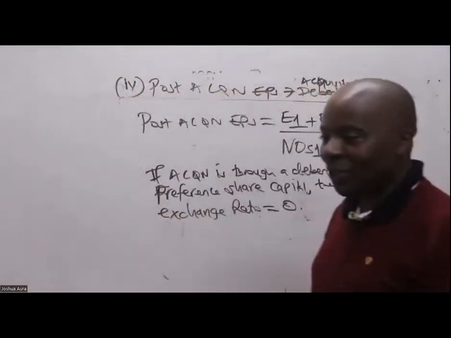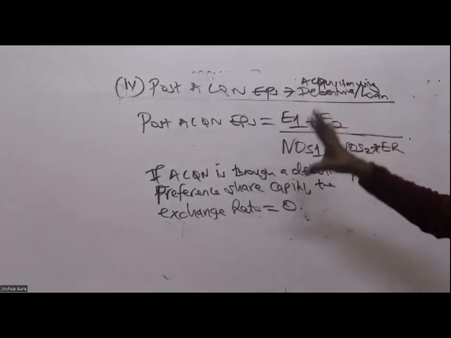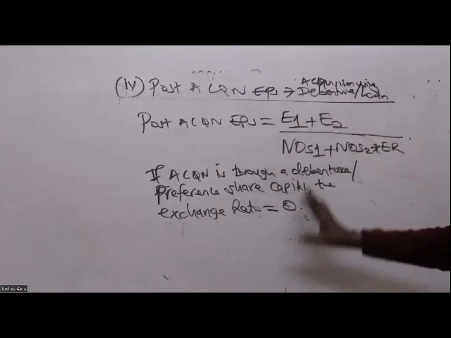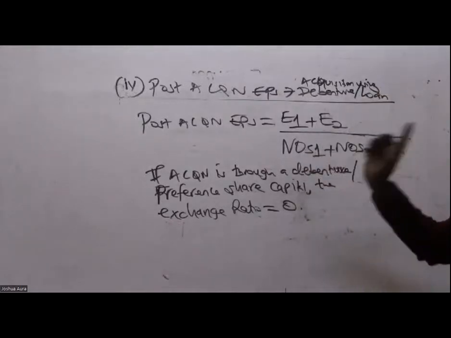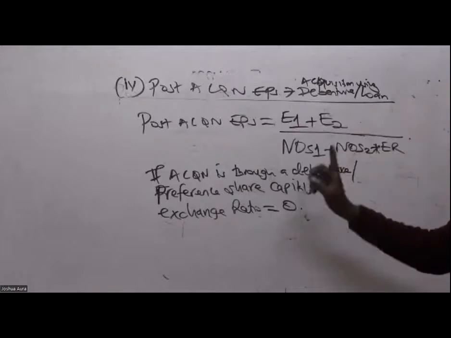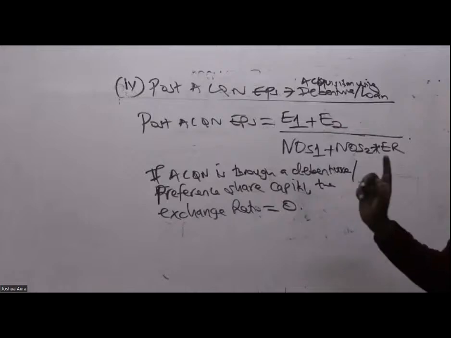You'll be able to watch the video, don't worry. Have you highlighted this? Anytime you see that a question is talking about acquisition financed through a debenture or a preference share capital, then the exchange ratio will always be equal to 0.